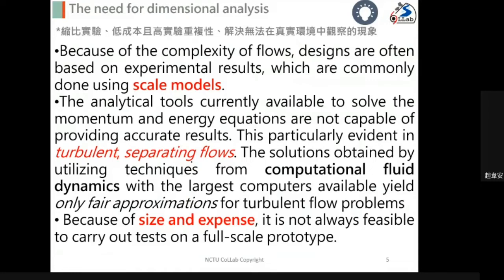As a summary, based on the scaling ideas, we can conduct laboratory experiments, and because of the small size and the low price of laboratory experiments, we can conduct a series of model tests repeatedly.